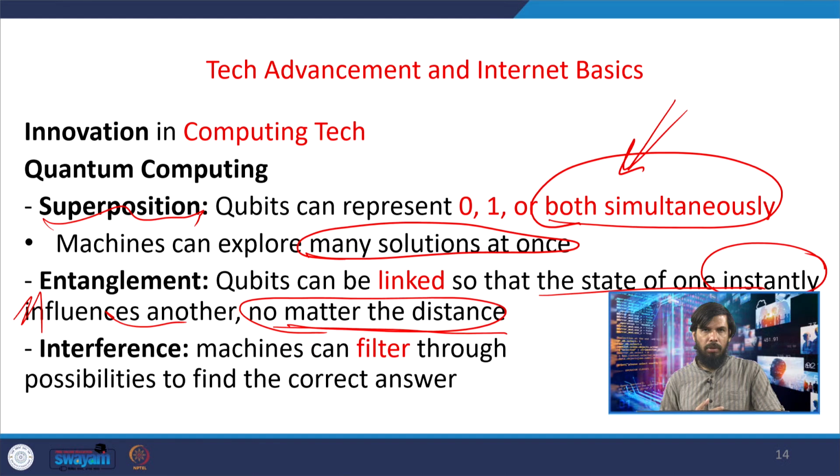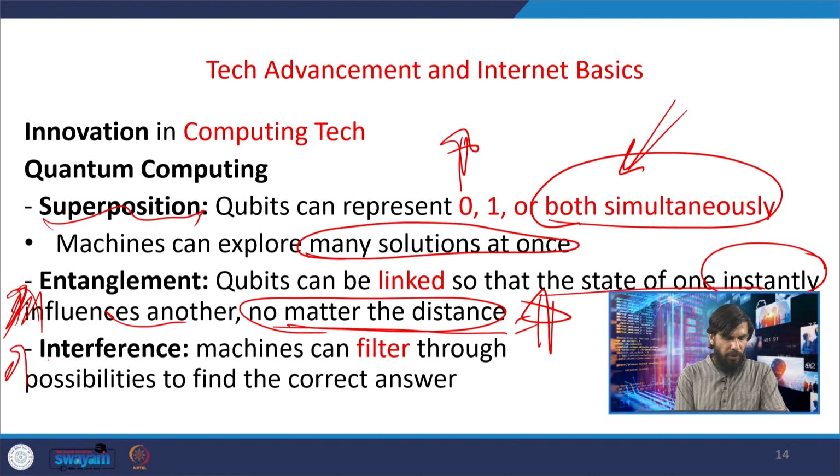This can help us achieve faster speed. So superposition gives us more states, and entanglement gives us faster speed, because the other states are instantly influenced. The third one is interference.